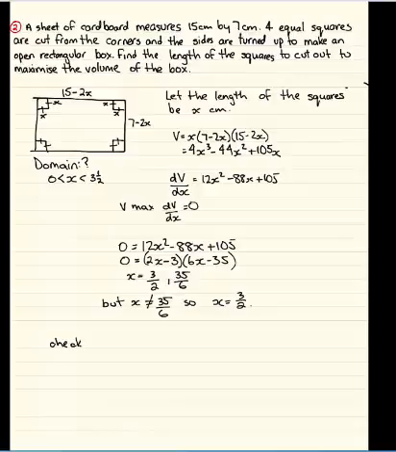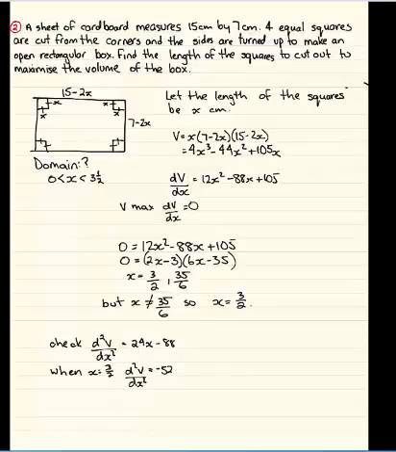You've got a choice. You can either use your second derivative, which is what I'm going to do, or you can use your table and work out what it is on either side. So that second derivative is going to be 24x minus 88, and when x is equal to 3 over 2, the second derivative is equal to, straight into your calculator, you're going to get negative 52.